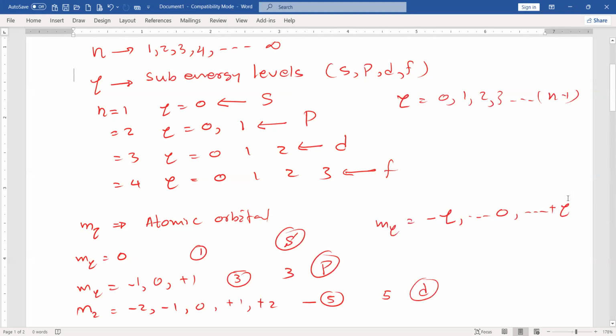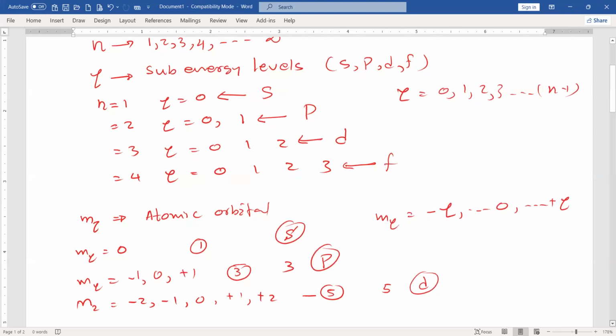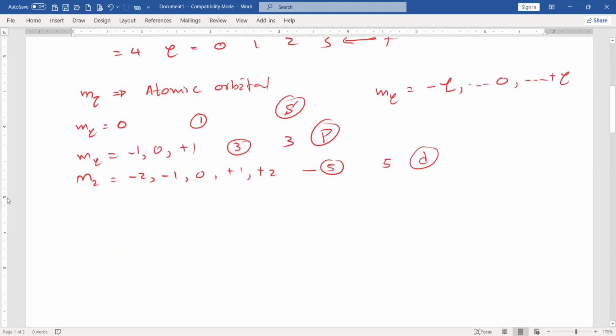Then the last quantum number, the spin quantum number, has only 2 values, minus half or plus half. S orbitals are spherical, and there can be 2 electrons having opposite spins. One may be in the clockwise direction and the other in the anti-clockwise direction.